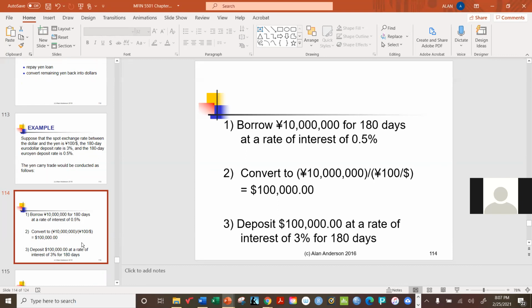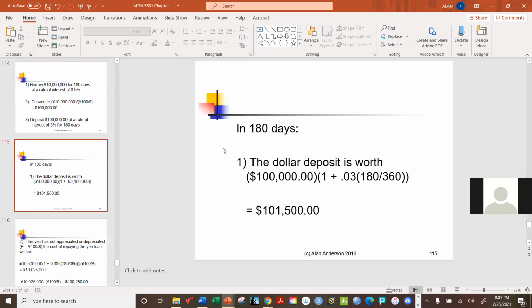And I'll show you how in a minute. All right, so if nothing else goes wrong, in 180 days, the dollars are going to be worth 101,500 because that's basically half of 3%. So I've got my 101,500, but I have to repay that loan. How much do I owe? Okay, well, we know how much it is in yen.